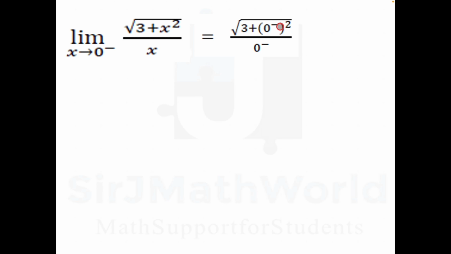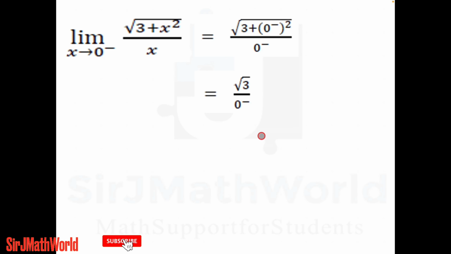So, 0 times 0 is still 0. Then, this will be square root of 3 over 0 to the negative. Divide mo siyang dalawa. That's why this is a negative infinity kasi positive divided by negative. So, therefore, this is a negative infinity.